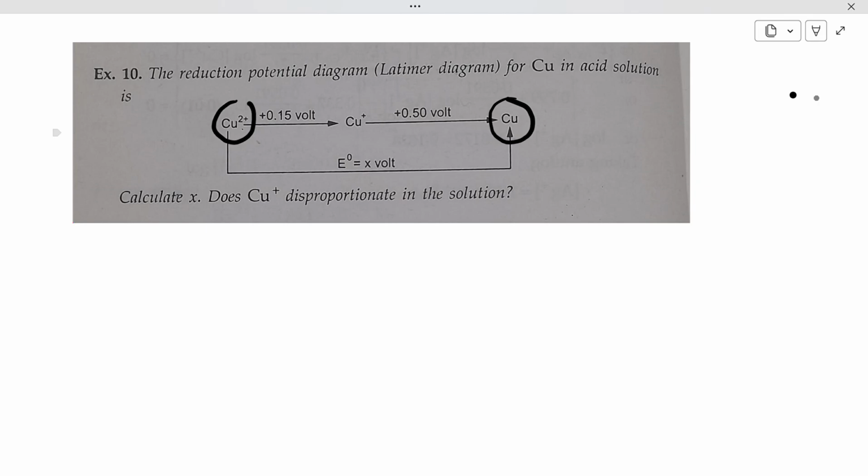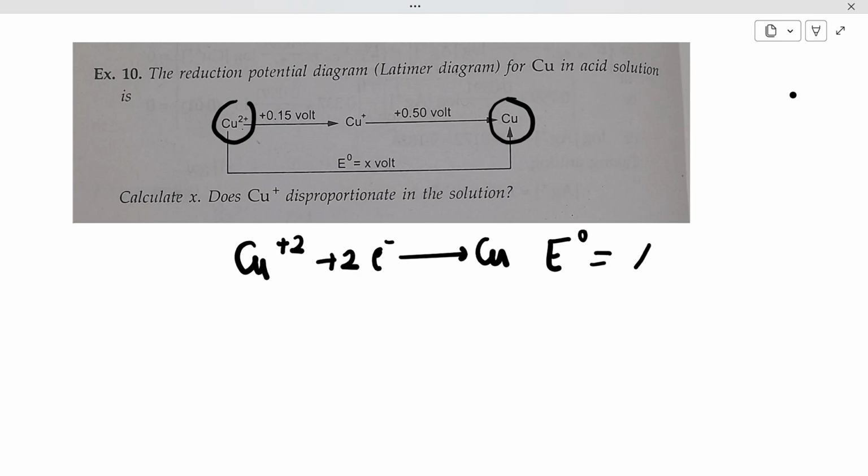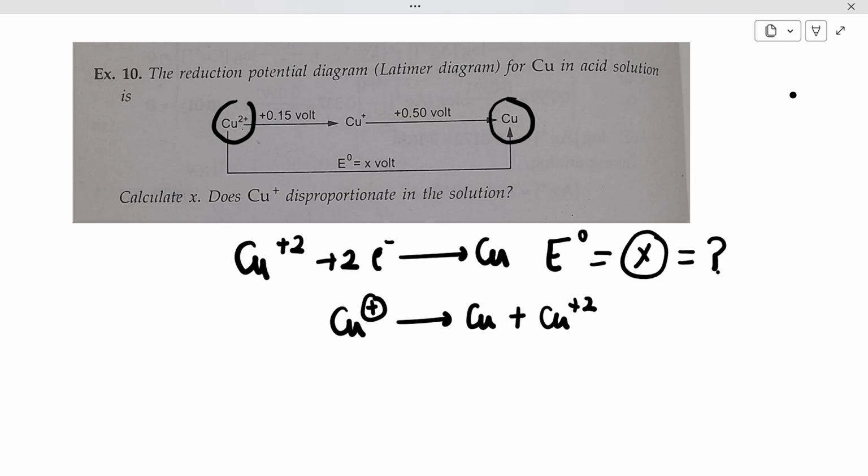Its SRP is given as x volt, and we have to find the value of x. We also have to find out whether the conversion of Cu+ to Cu+2 is feasible or not.